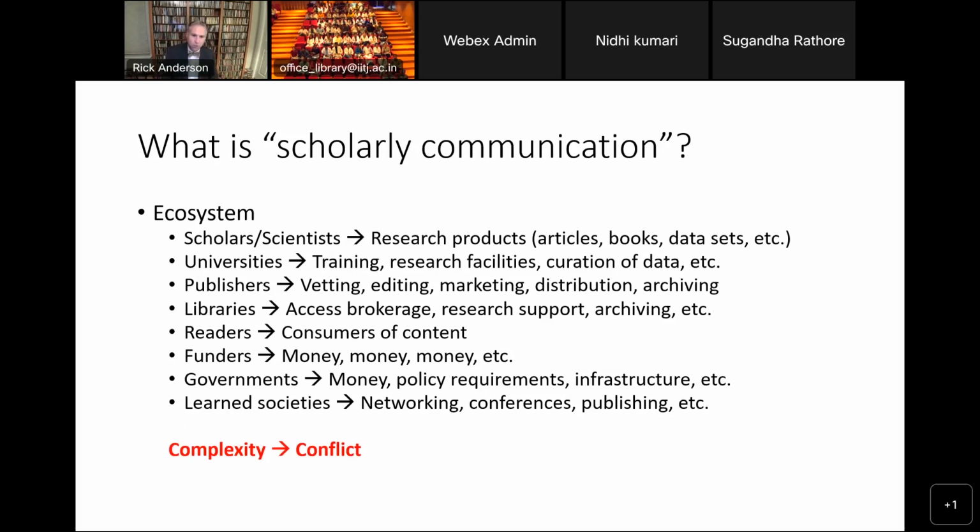Because of these different goals and priorities, there can be a lot of conflict between the various members of this system, and that conflict has increased with the increasing complexity of the information environment. The shift from print to online that took place primarily in the late 90s and is still going on has resulted in a huge increase in both the amount of information being created and in the ways in which it can be disseminated and stored.